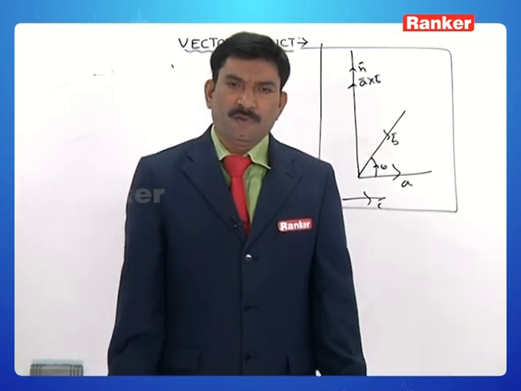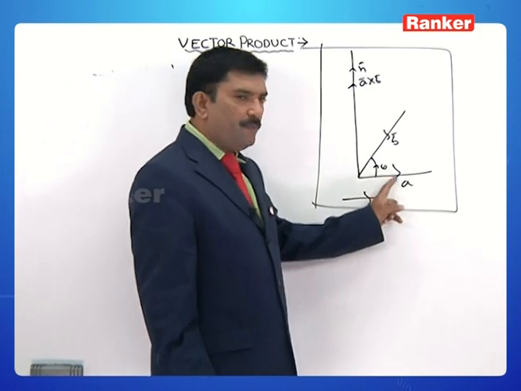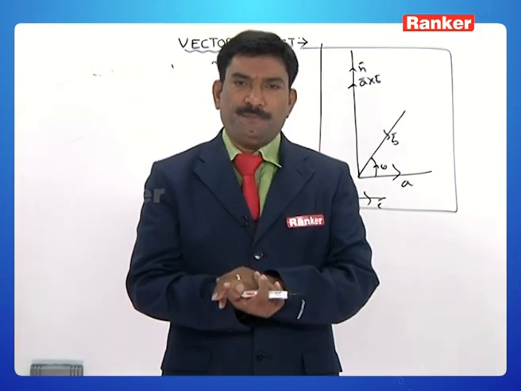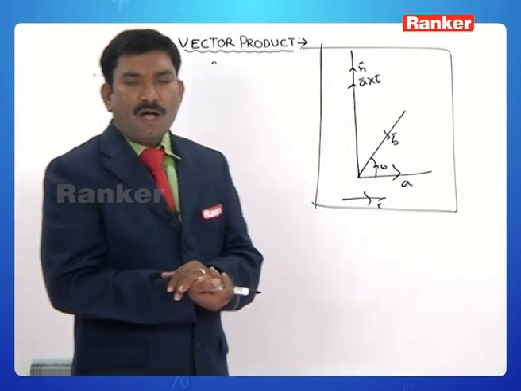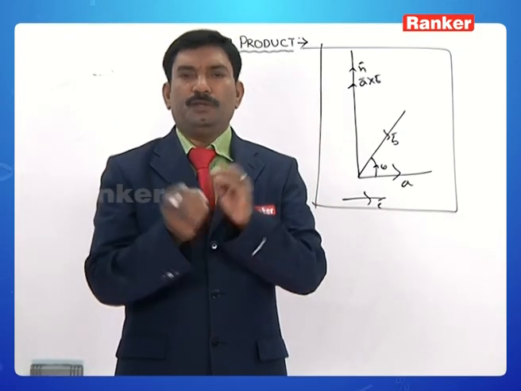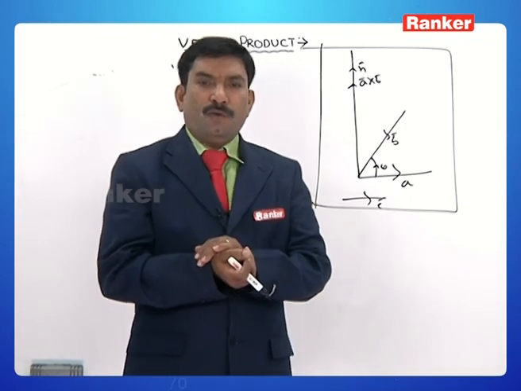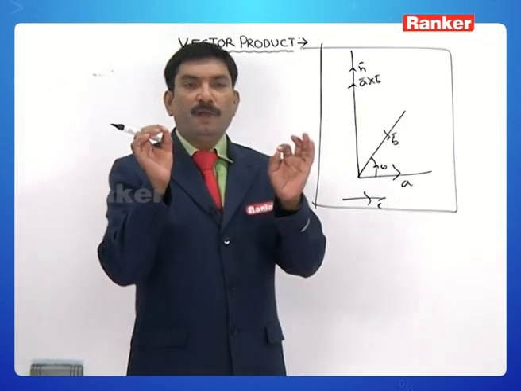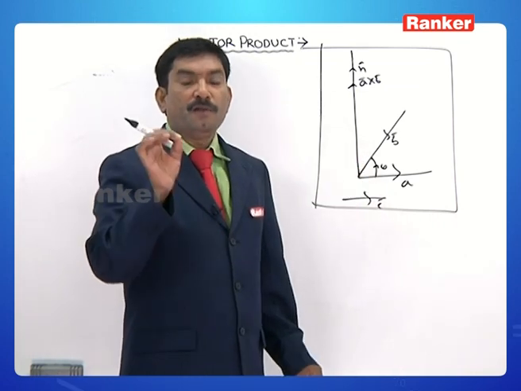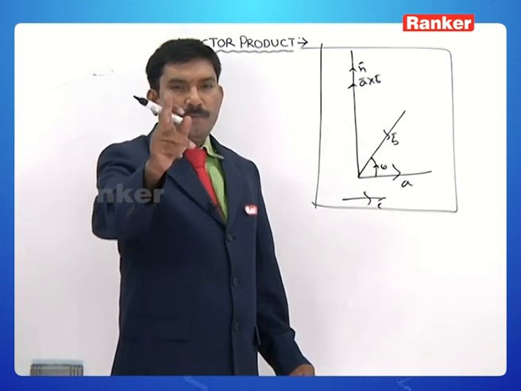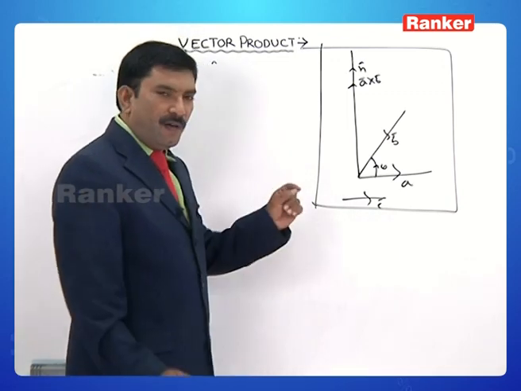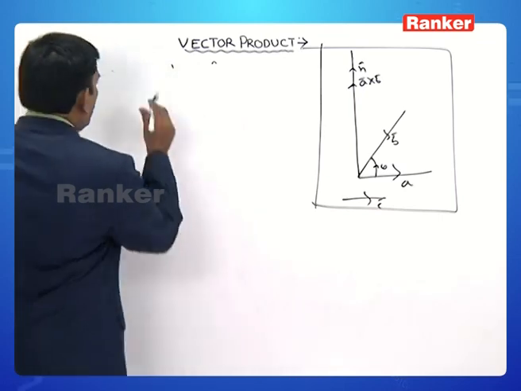When A bar, B bar, C bar are lying in the same plane, then I want to find a vector or a unit vector which is parallel to the plane of A bar and B bar, and perpendicular to C bar.